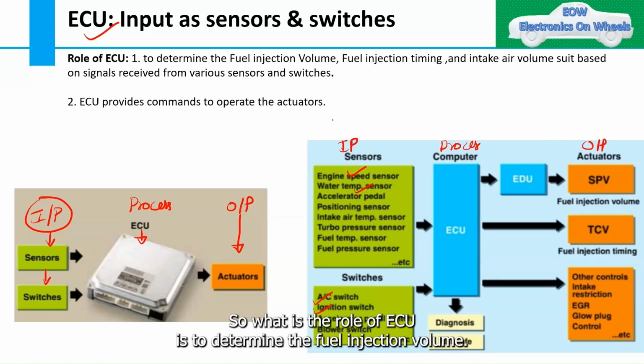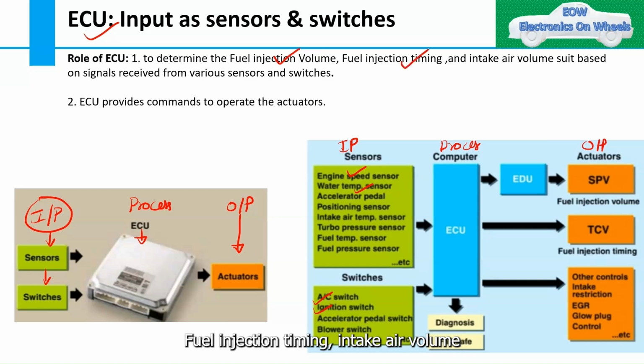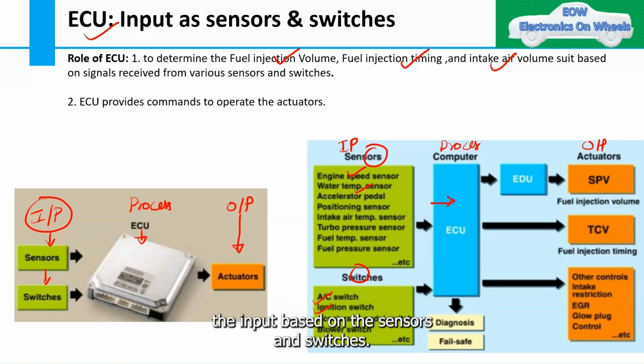So the role of the ECU is to determine the fuel injection volume, fuel injection timing, and intake air volume based on the various inputs from the sensors and the switches. This is the first role of the ECU. Second, it processes the input from the sensors and switches, then gives the output to the actuators.